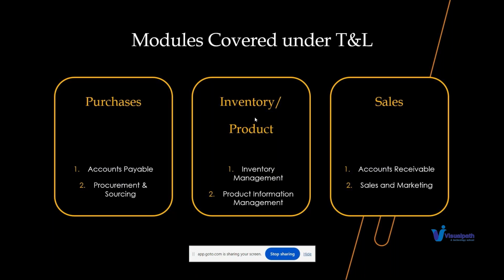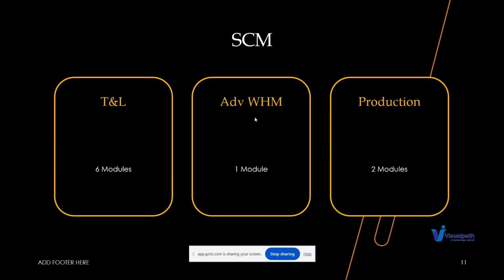Altogether, this course will require a minimum of 50 to 60 hours to complete. I mean, whatever the curriculum that we provide, the 4-page curriculum, to cover all those topics we need 50 to 60 hours.